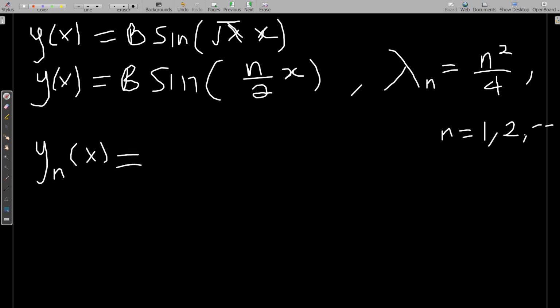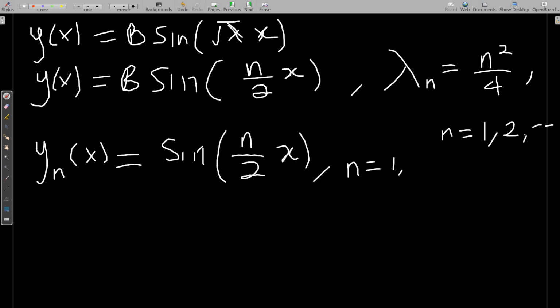When writing the eigenfunctions, take the constant b, or the constant in whatever question you solve, to be 1, and that gives the remaining function: sine of n over 2 x, with n equals 1, 2, 3, and the rest.